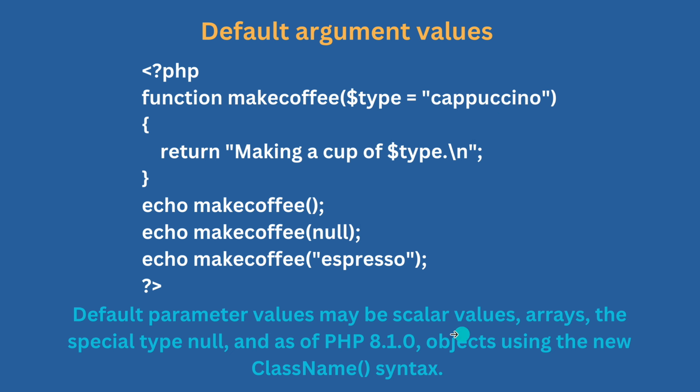A default parameter value may be scalar values, arrays, the special type null, and as of PHP 8.1, objects using the new class syntax. Scalars means data types: null, boolean, integer, string.